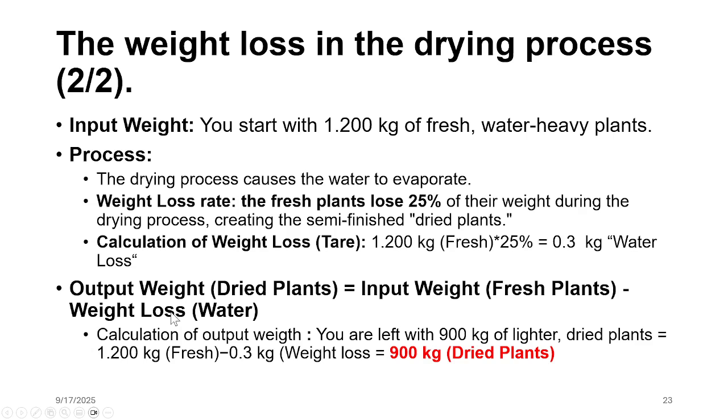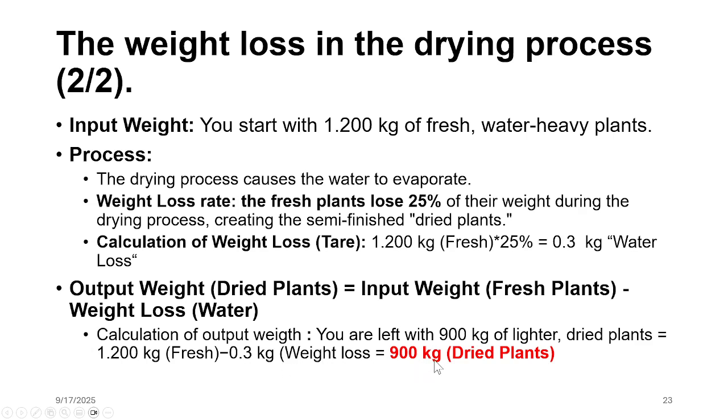So now we will calculate the output weight, meaning the weight that we can obtain of dry plant. You are left with 900 kilograms of lighter dry plants, which equals 1,200 kilograms of fresh plant minus the weight loss of 300 kilograms.